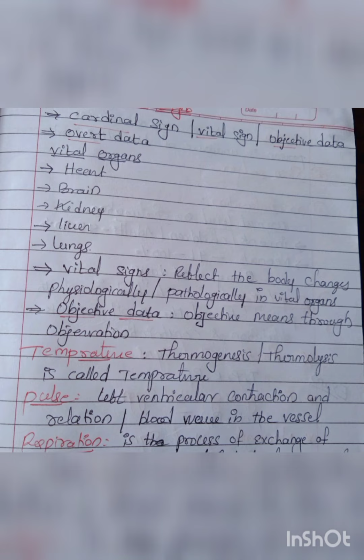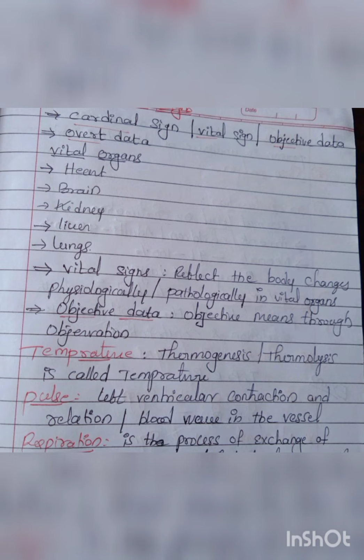Temperature, what does temperature actually mean? Thermogenesis: genesis means production, heat production, and thermolysis: lysis means breakdown or loss, heat loss. Heat production and heat loss is called temperature. Pulse, what does pulse actually mean? The left ventricle is filled with oxygenated blood.